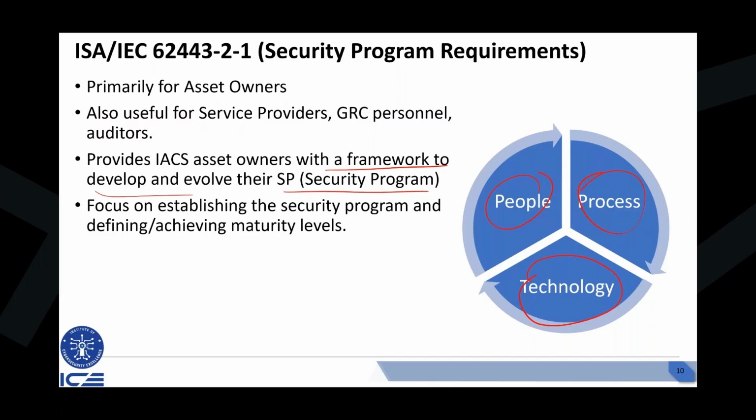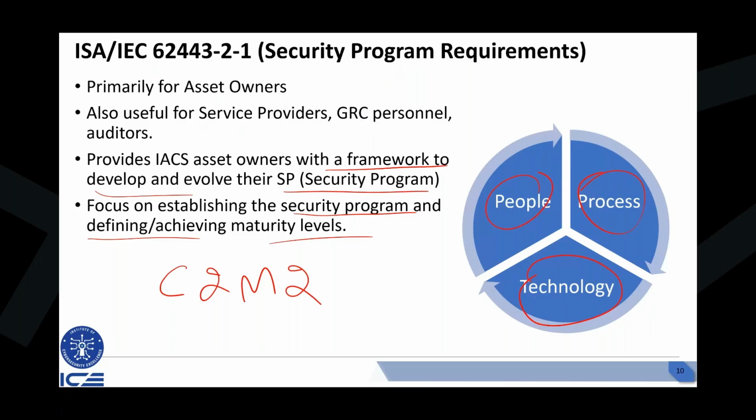It focuses on establishing the security program and defining and achieving the maturity levels. This concept of maturity level is something that has been out there for quite some time. Those of you who are into studying the different models for cybersecurity, maybe you have heard of C2M2, which is a cybersecurity maturity model.